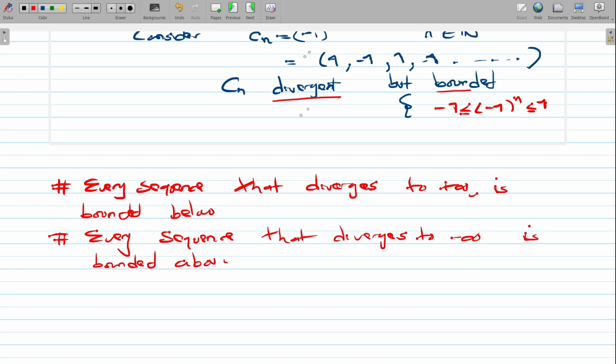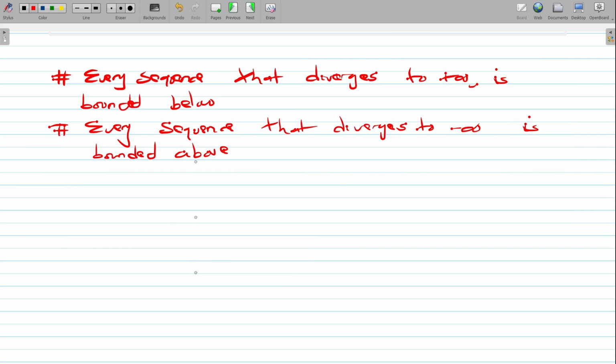So here what I'm saying is that every sequence that has limit positive infinity is bounded below, and every sequence that has limit minus infinity is bounded above.